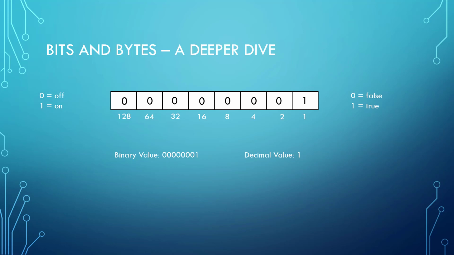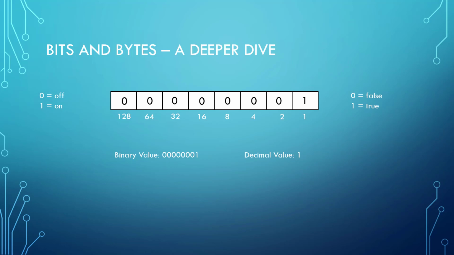That means that decimal value is true, meaning that if we looked at the entire binary value of 0, 0, 0, 0, 0, 0, 0, 1, the decimal value would be 1. Because the bit containing the decimal value of 1 is turned on.